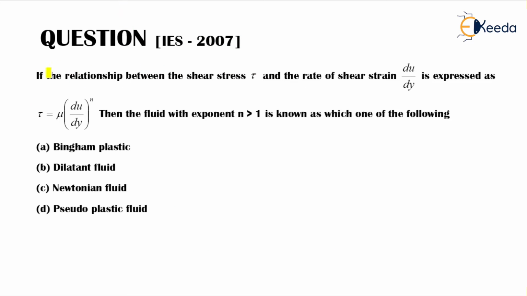In this problem, if the relationship between tau and the rate of shear strain du over dy is expressed as tau = mu (du over dy) to the power n, then the fluid with exponent n greater than 1 is known as? So obviously this was a pseudoplastic fluid, and the curve for this pseudoplastic fluid was like this.